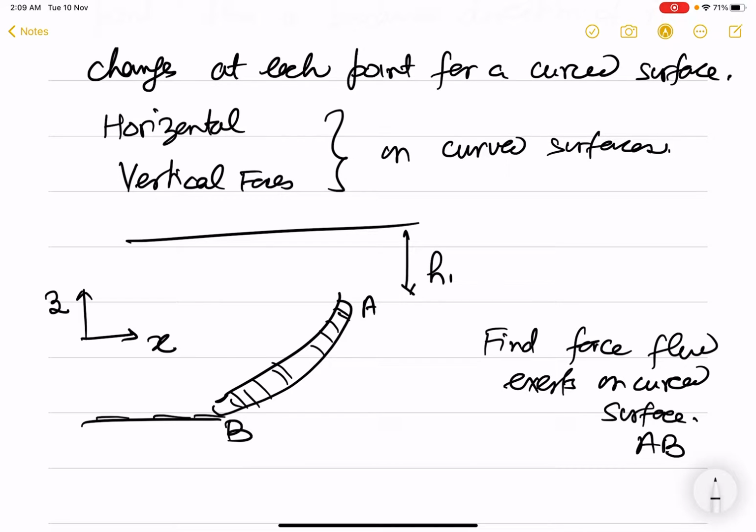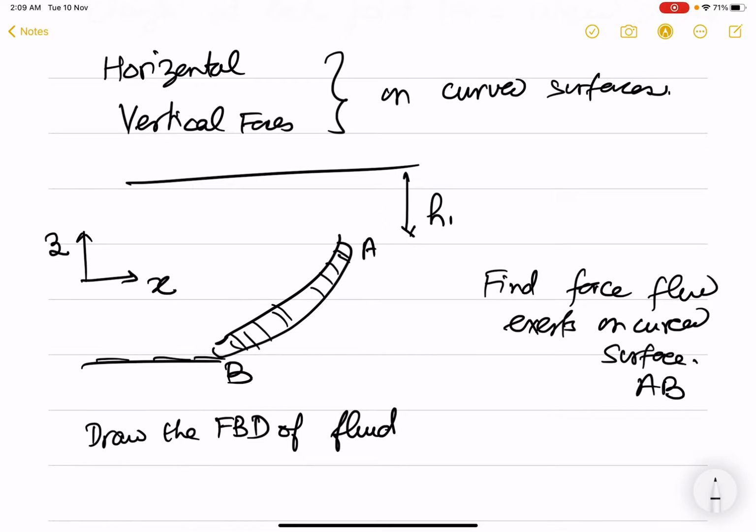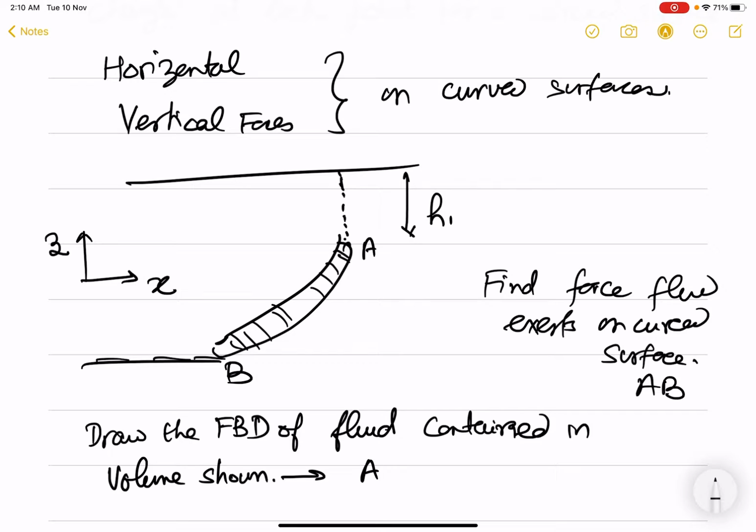So what we do is we draw the free body diagram of the fluid which is contained in the volume shown.